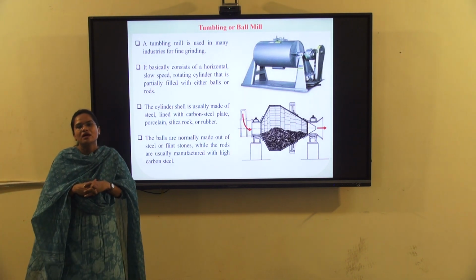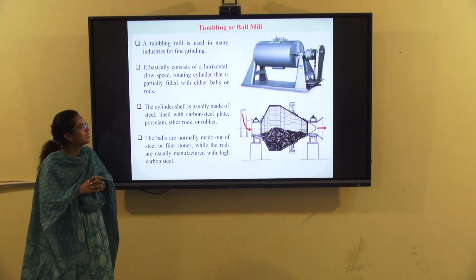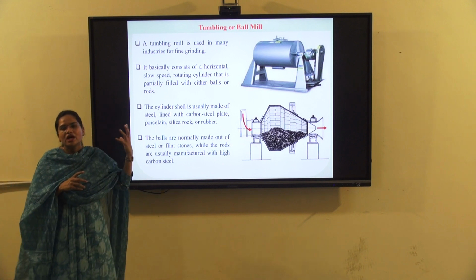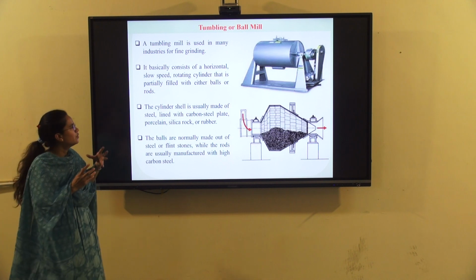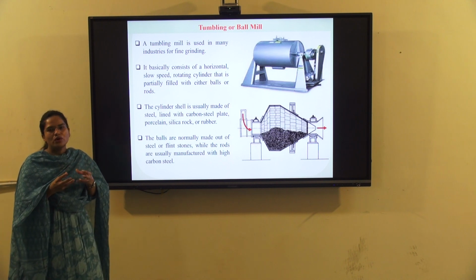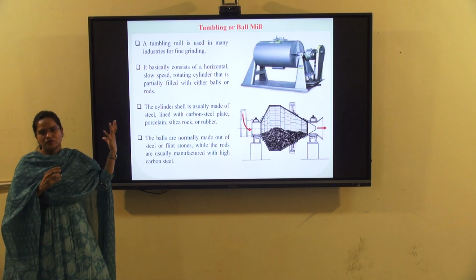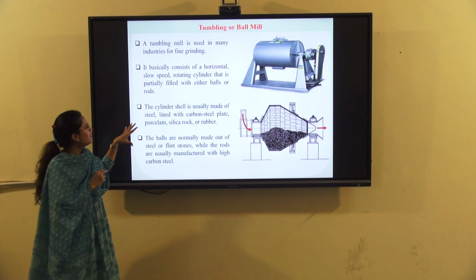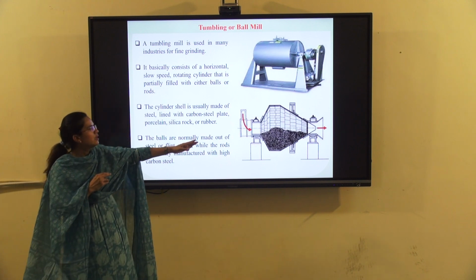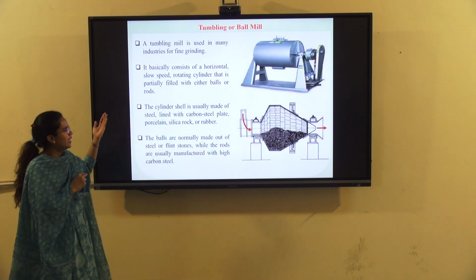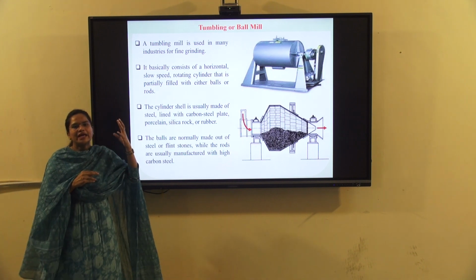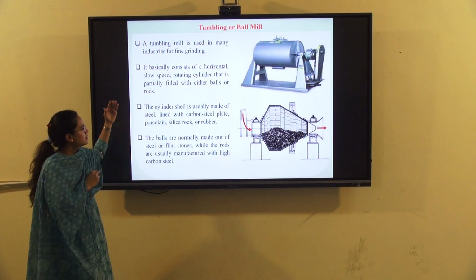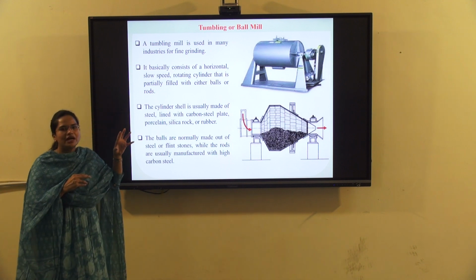Tumbling or ball mill is a type of mill where a horizontal or conical cylinder continuously rotates, involving balls or rods, which are responsible for the size reduction. In the ball mill, half of the mill is filled with balls and it continuously rotates. Due to the impact and gravity force of the balls falling from the shell of the mill, the size reduction occurs.